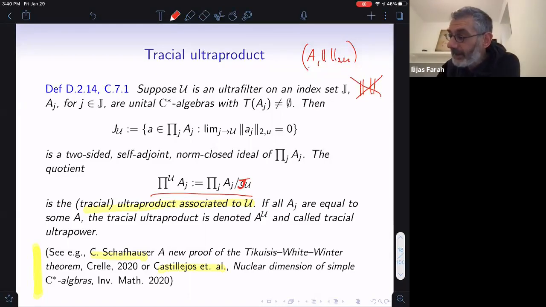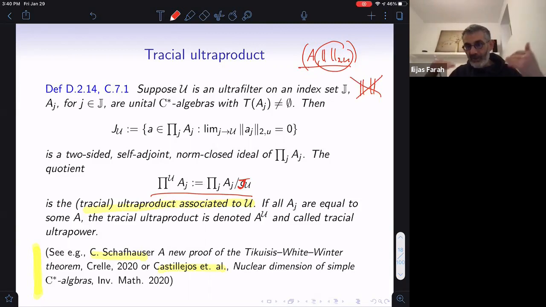Another thing is that this norm here is a Banach space norm, but it is certainly not a C*-algebra norm and not even a Banach algebra norm. So we're really looking at C*-algebras in disguise. They have this other norm, and the C*-algebra structure is somehow hidden behind properties of that norm.